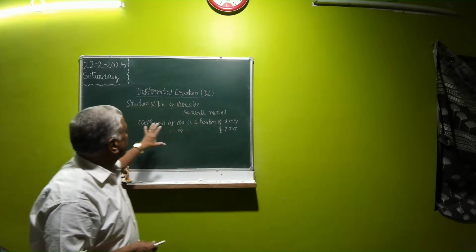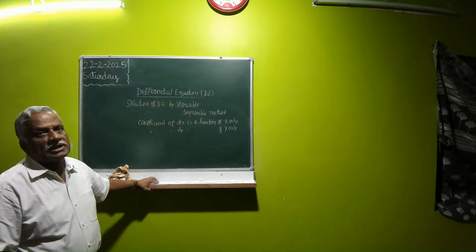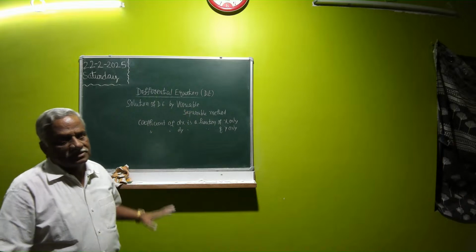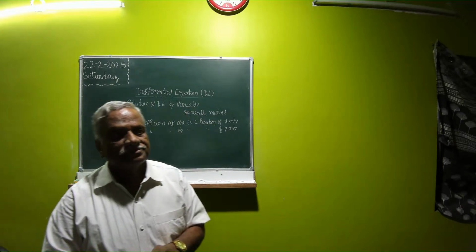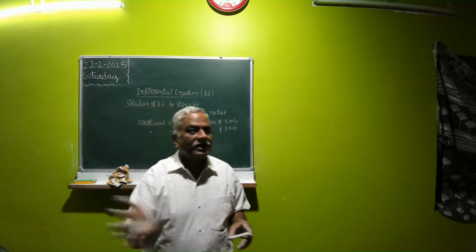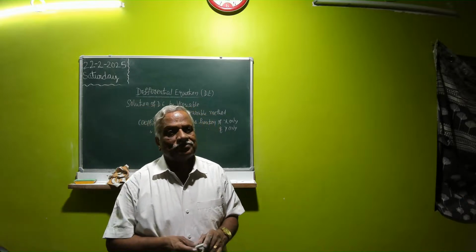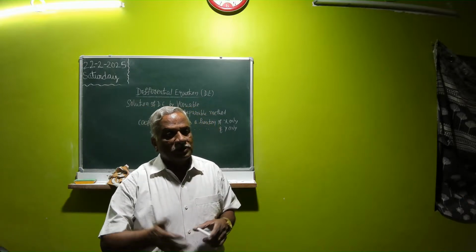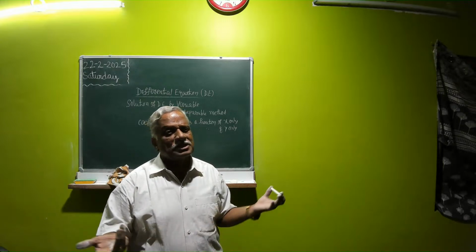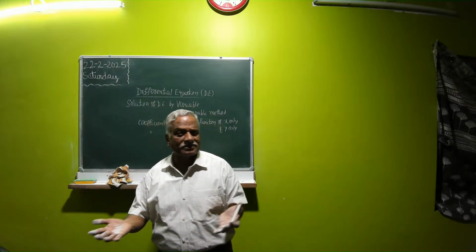So I'm just discussing today what variable separable is. Whenever an equation is given, you have to segregate that into two parts, the dx part and the dy part. The dx part should contain only x terms, it can be any expression, sin x or whatever it is.